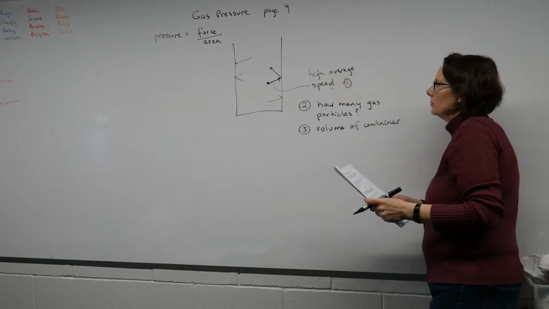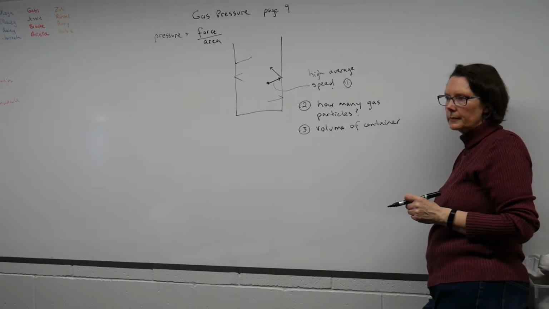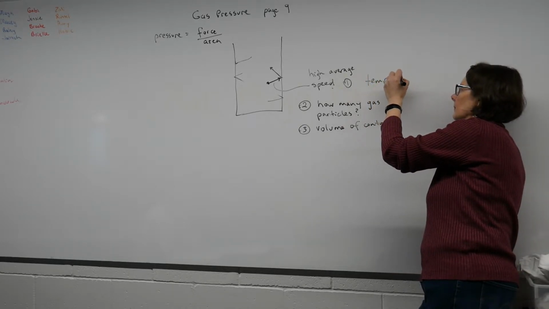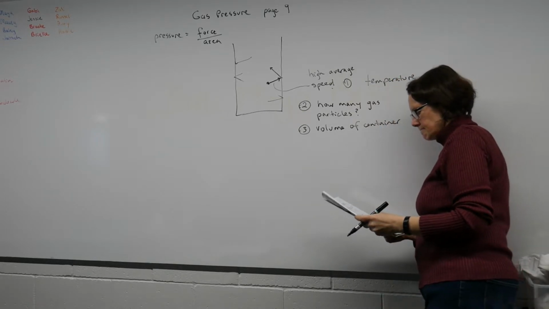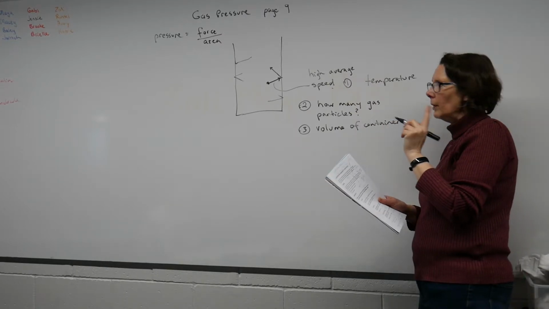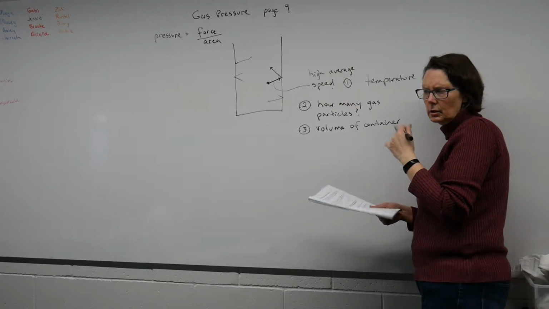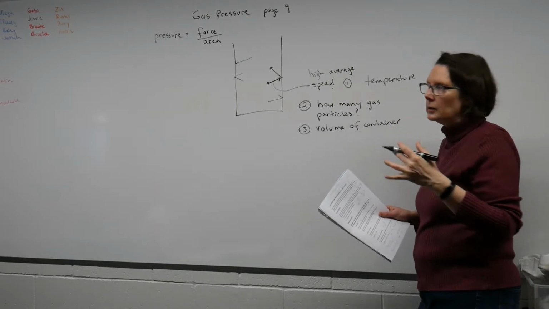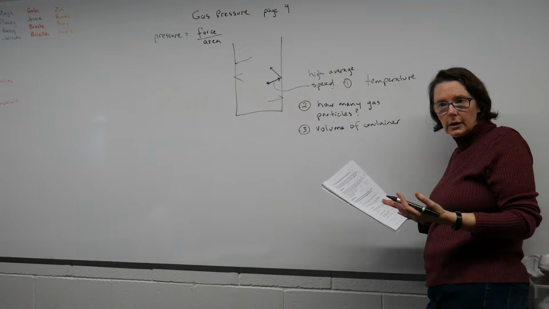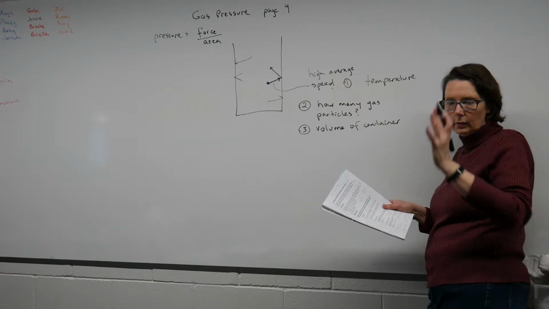What is going to be the biggest factor influencing the speed of the gas particles? Temperature. And so if we increase the temperature, we're going to increase the kinetic energy of the particles, aren't we? And increasing that not only increases the number of collisions, it increases the force of the collisions that it has with the wall of the container.